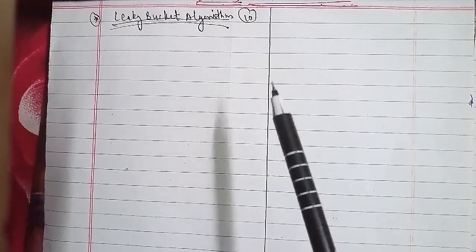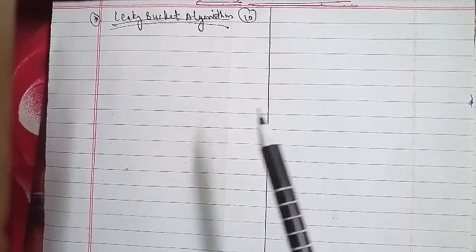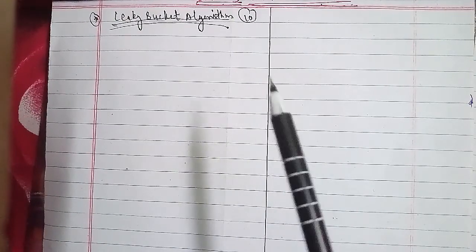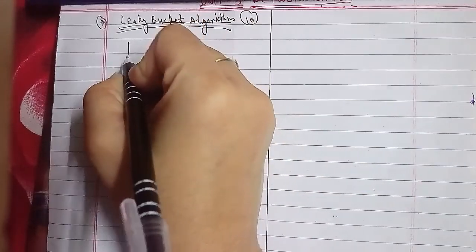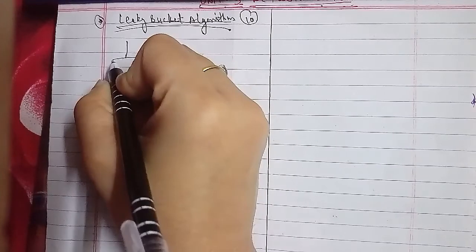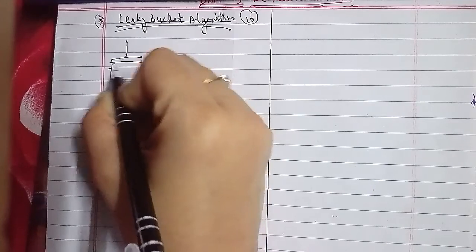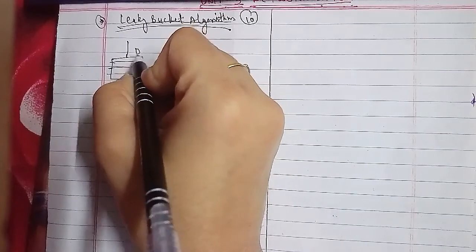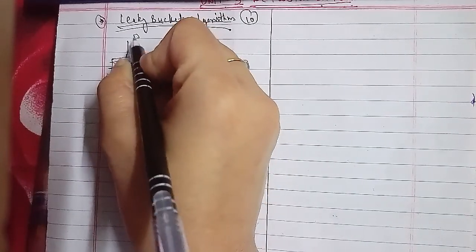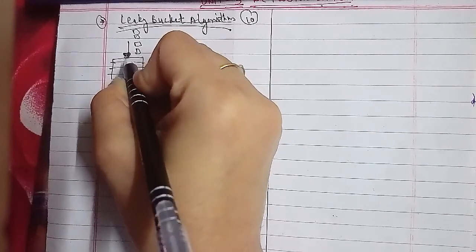Now we will show this by drawing a diagram of the leaky bucket regulator. These are the packets. This is the unregulated packet flow.